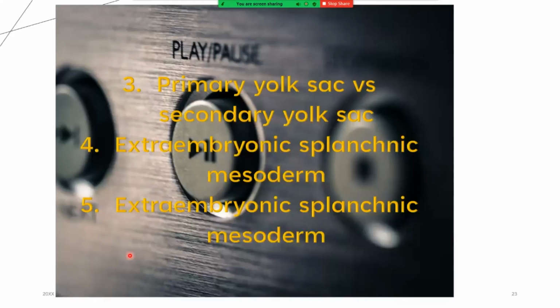So what happened so far? At this stage, the primary yolk sac has developed. What happened to the primary and secondary yolk sac? How does this evolution take place, primary to secondary yolk sac? What is extraembryonic somatic mesoderm, and what is extraembryonic splanchnic mesoderm?